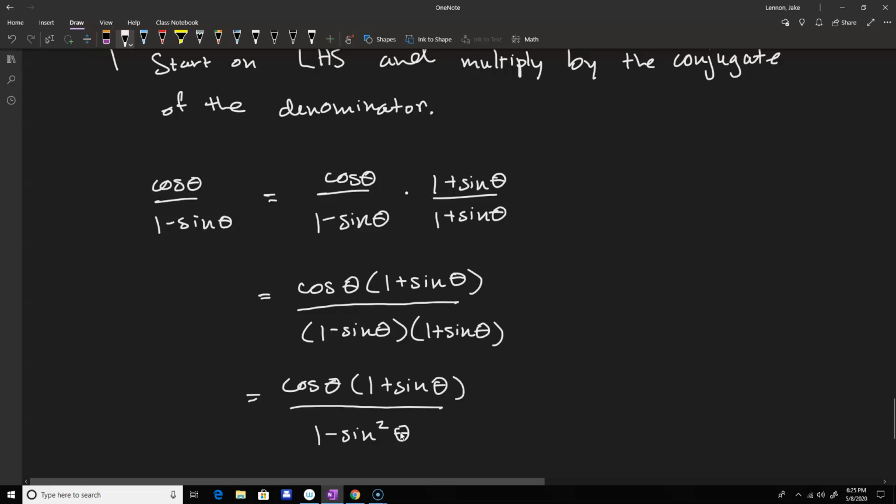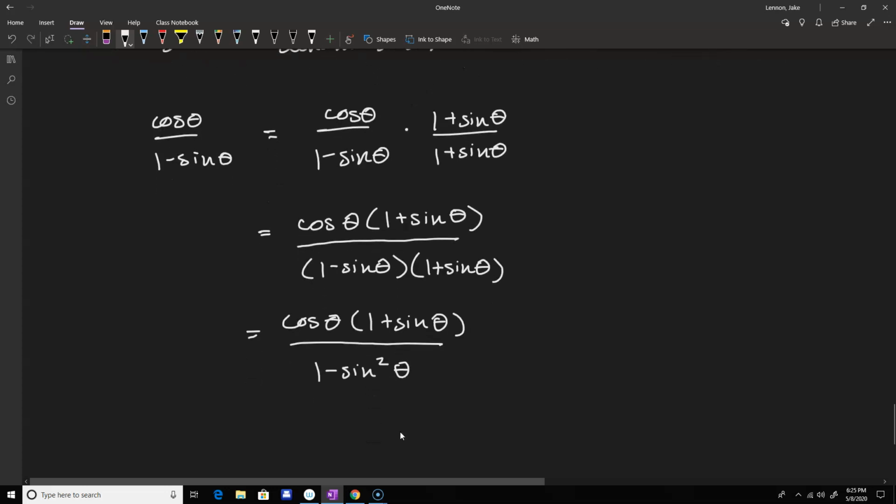Well, 1 minus sine squared of theta by the Pythagorean identity is equal to cosine squared theta, similar to how we did that in problem B. So we can replace the denominator now with cosine squared theta by the Pythagorean identity.